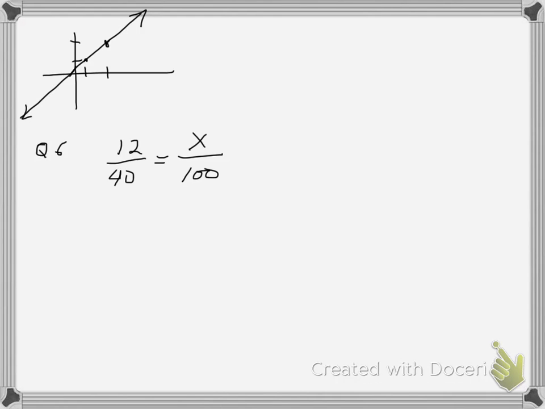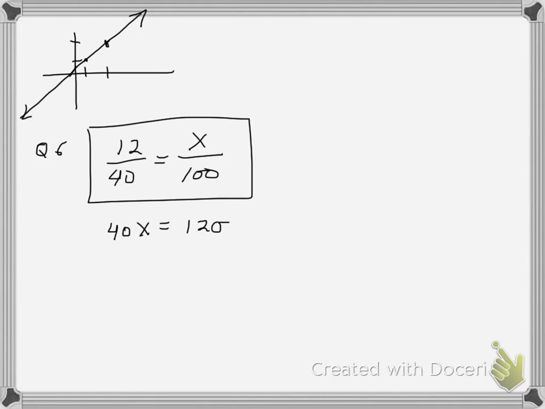That is the way it sets up. To cross multiply, we would get 40x equals 1200, and to divide by 40, you would get x equals 30. Now let me make sure that makes sense. If I'm asking what is 30% of 40, well, 10% of 40 is 4, 30% is 12. That does indeed make sense.